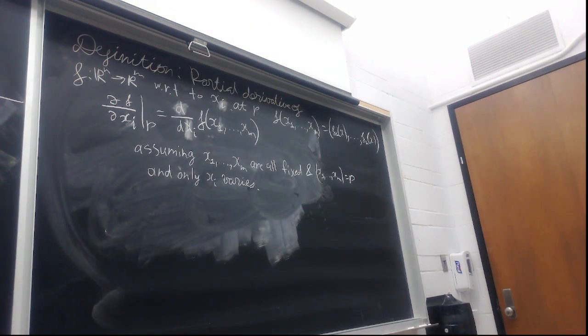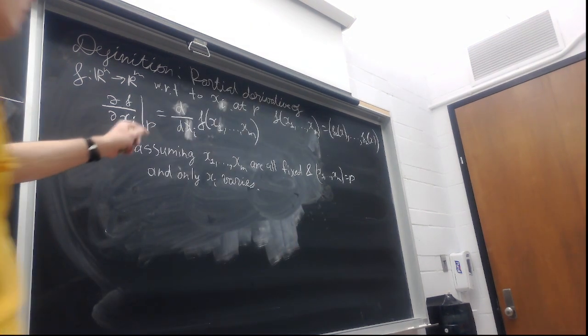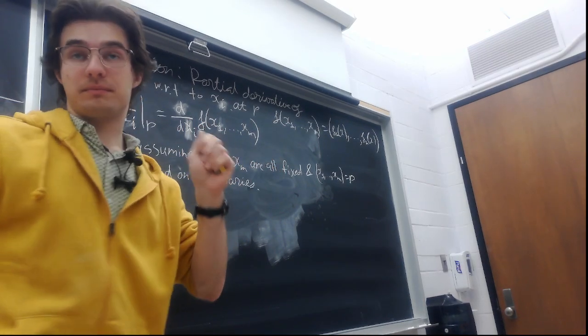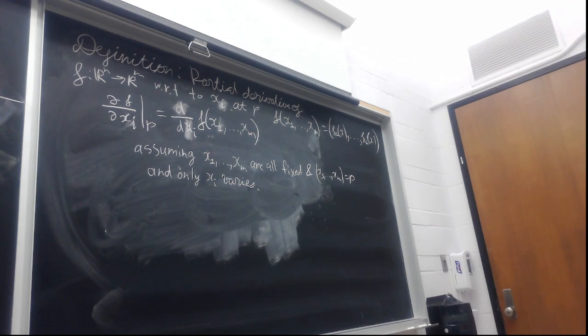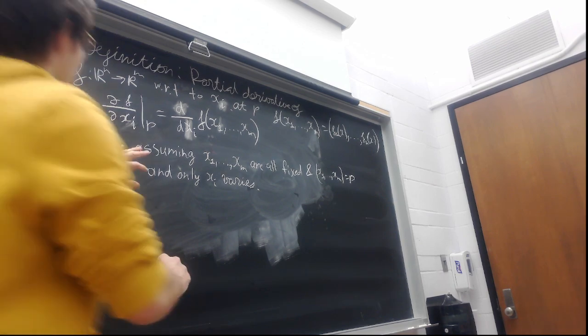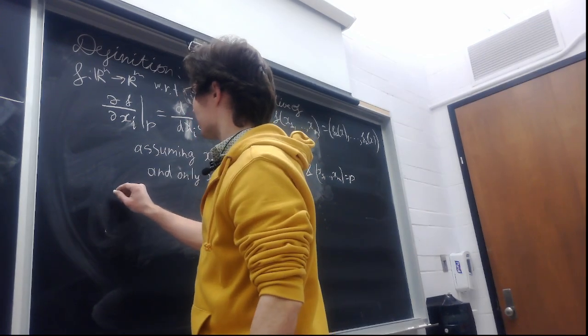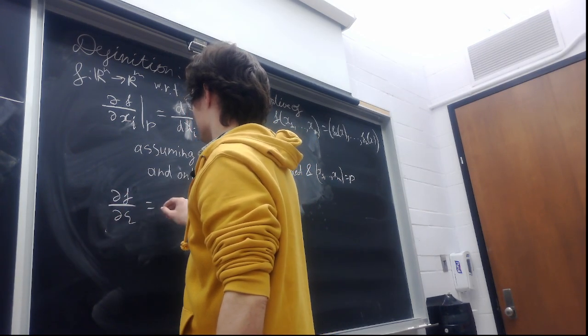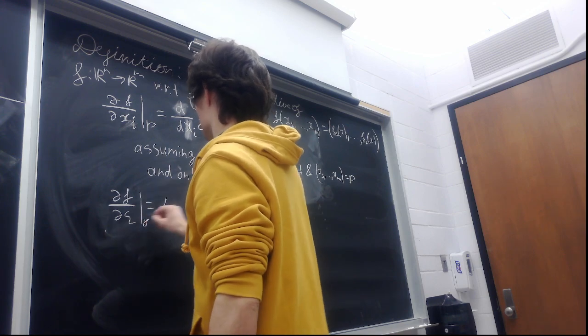I'm saying let's look at this point, fix the values of all the other coordinates except for x_i, and think of it as a function of just one variable, which is x_i, and take a derivative in that direction. You may recognize that this is the exact same thing as what I was saying with this.